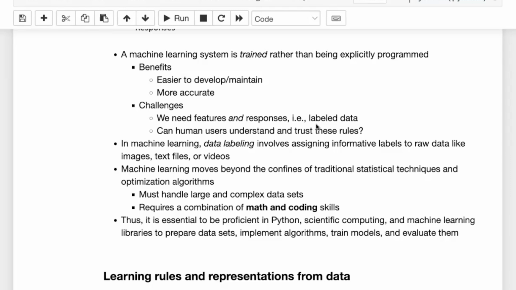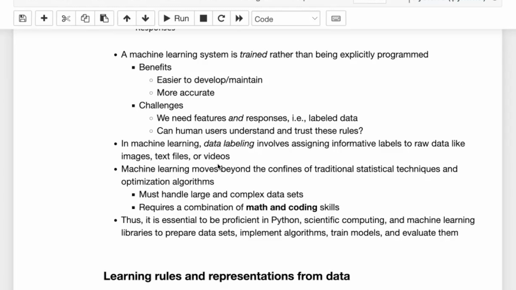For example, in the medical imaging case, we need to trust a machine learning system that predicts whether a medical image is normal or abnormal. And if the machine learning system makes wrong predictions, that can be really catastrophic. So therefore, we always have to make sure that we understand and trust the rules that machine learning models provide.